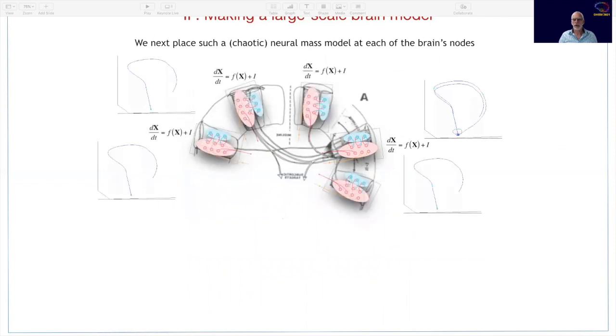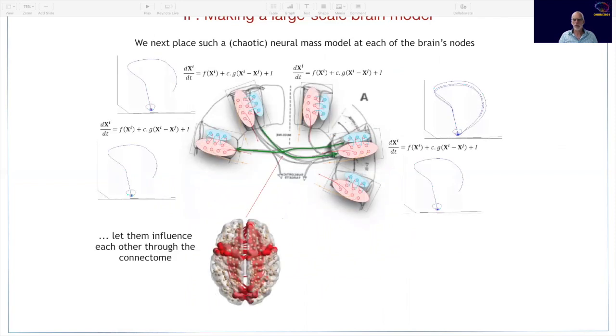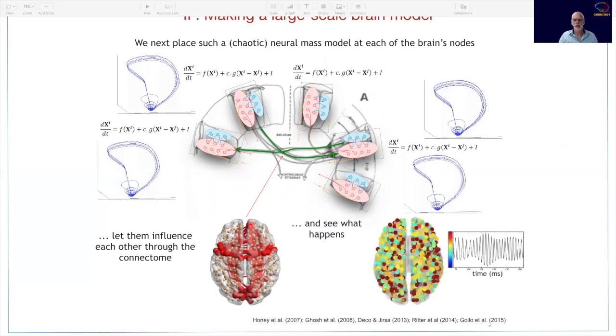Here's a whole bunch of these chaotic oscillators. Then using data from connectomics, structural connectivity, will inform how we let these individual populations interact. And then we can just fire it up on a supercomputer, or even a good desktop will do at this sort of coarse-grained approximation. And we can look at the forward evolution of this system.